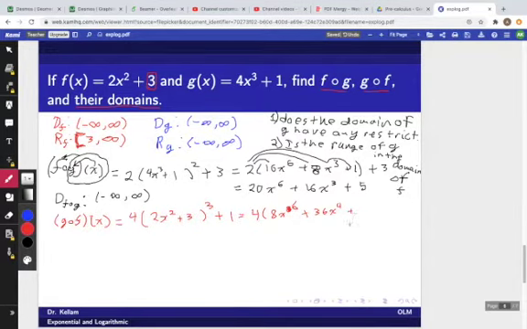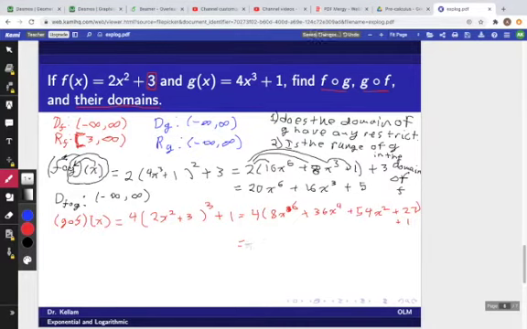plus 54x squared plus 27. And then we're still adding plus 1 at the end.